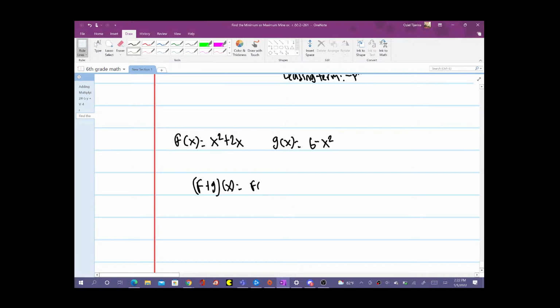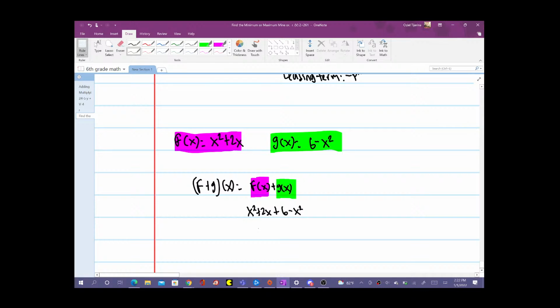This is going to be f of x plus g of x. So f of x, we know is this one. G of x, we know is this one, right? So we're going to say x squared plus 2x plus 6 minus x squared, right?